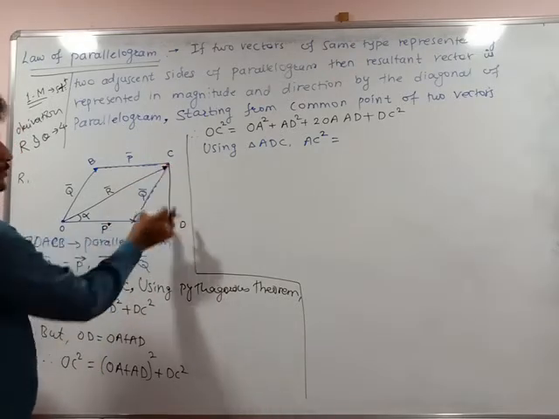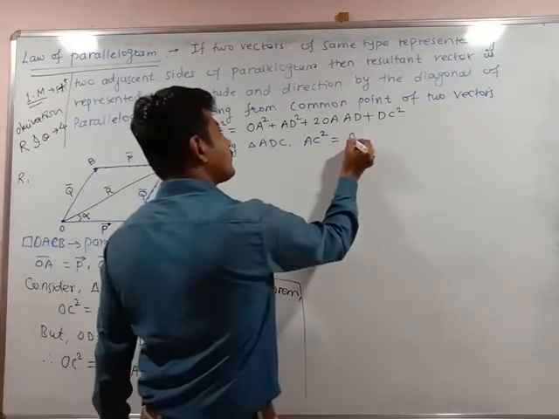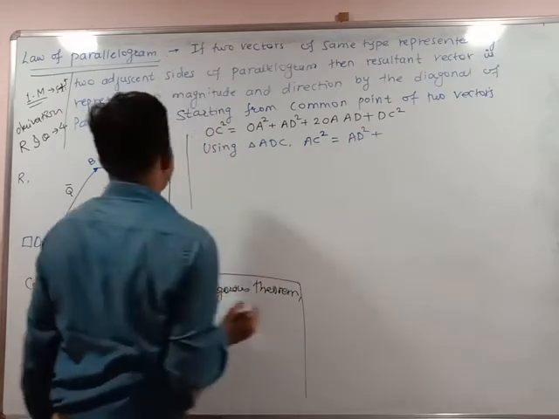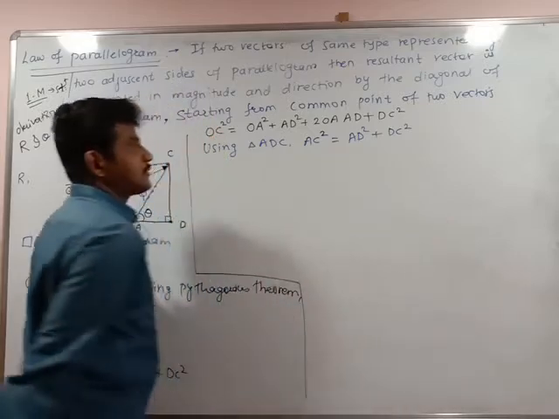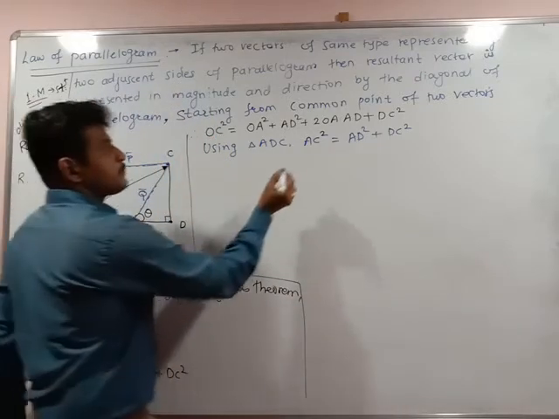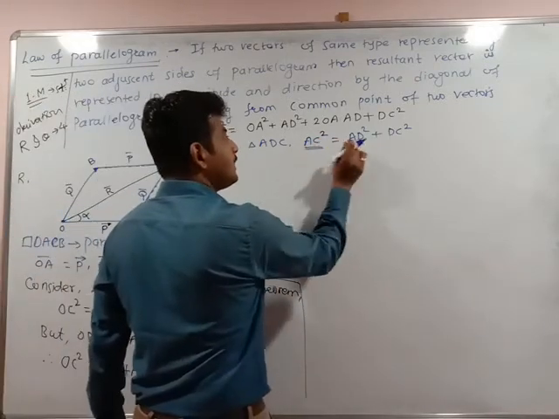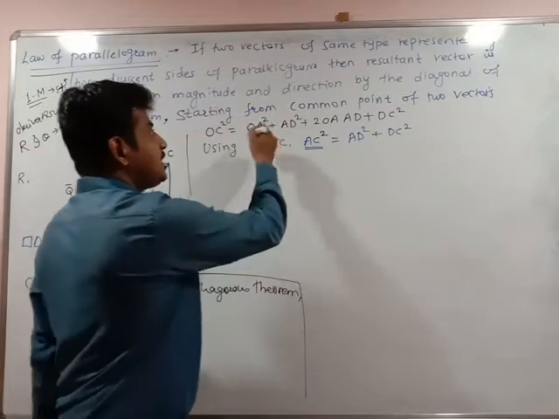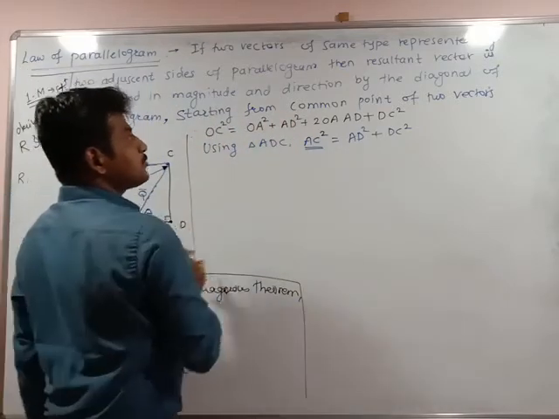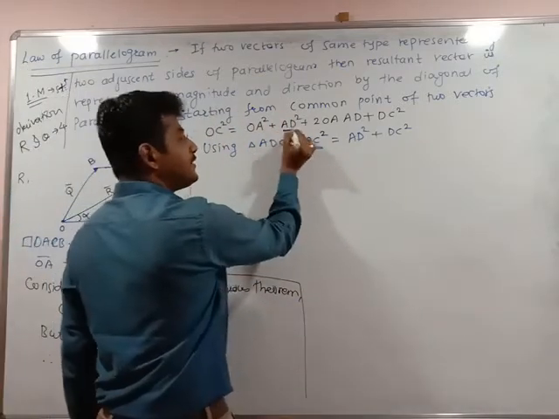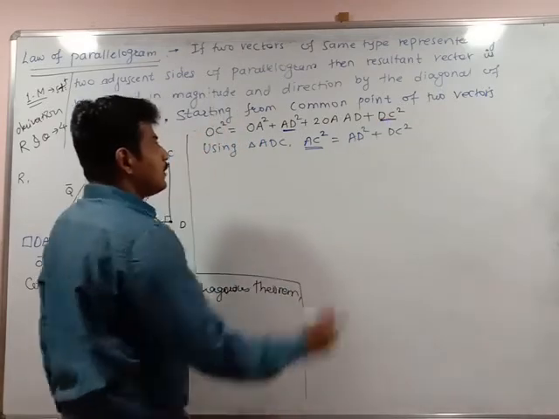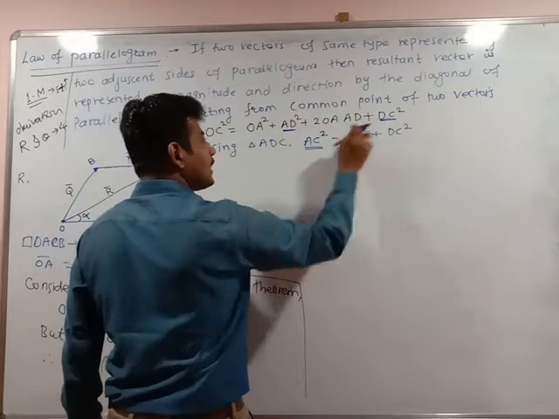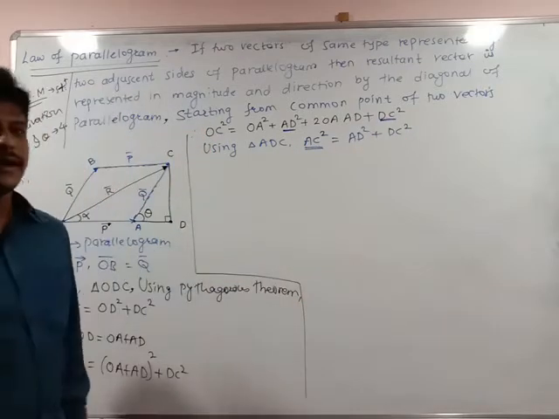So AC square is equal to AD square plus DC square. Now see, what is the value of AC? AD square plus DC square. Now see in this equation, where is AD square? Here is AD square. Where is DC square? Here is DC square. So AD square plus DC square I can write combined as AC square.